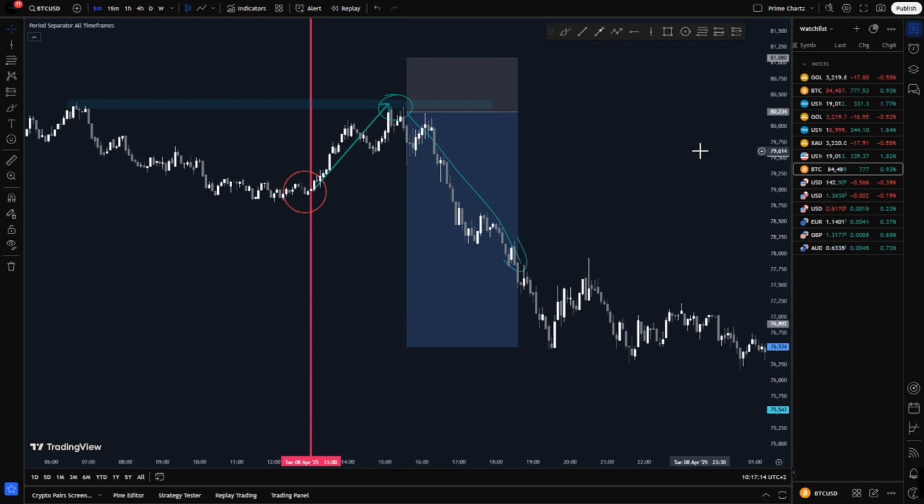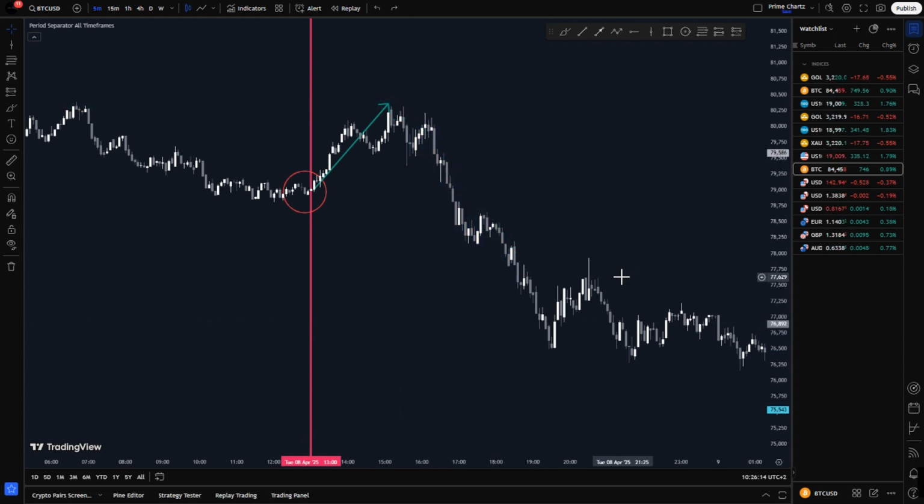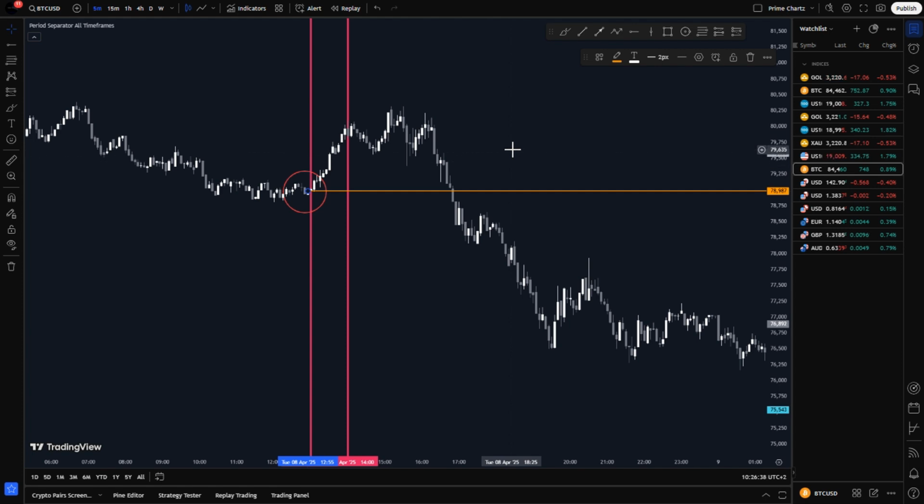Now let's see how the original 714 method performed on this exact same day. First, we go ahead and add our 2 p.m. vertical line. And of course, we mark the opening price at exactly 1 p.m. This horizontal line is now our main focus. Now, when we observe price movement, what do we see?